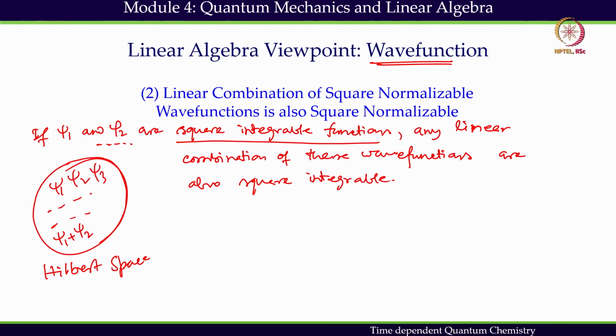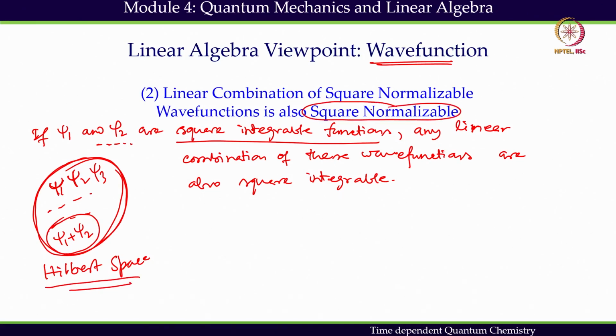So what it's suggesting is that as long as the wave functions are living in the Hilbert space, their linear combination will also live in the same Hilbert space. And we know that anything which is living in Hilbert space would be square normalizable.